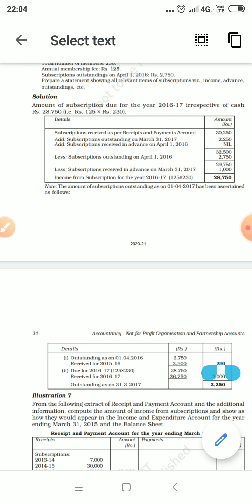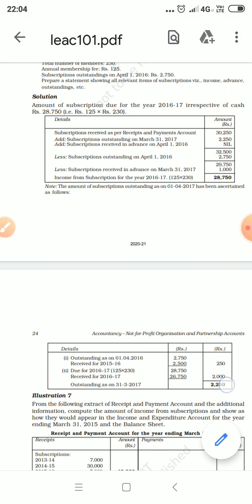So in current year's balance sheet asset side, we have to show previous year's outstanding 250 plus current year's outstanding 2,000. Total 2,250 is the total amount of subscription which is outstanding at the end of the current year.